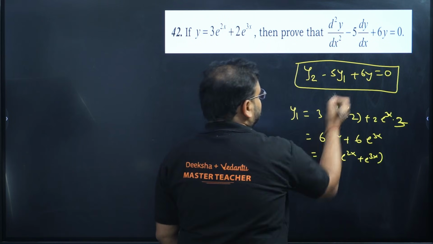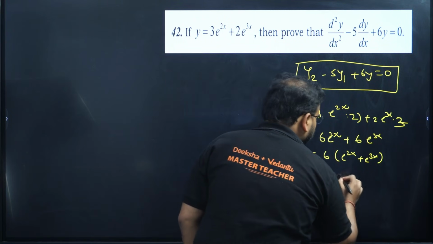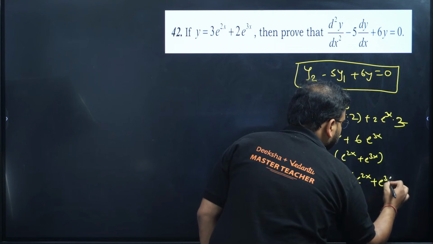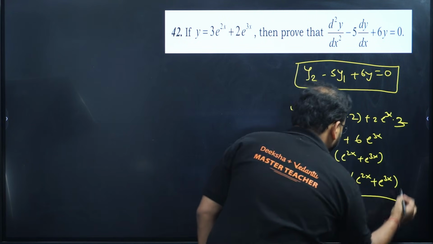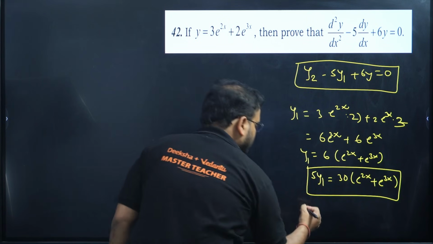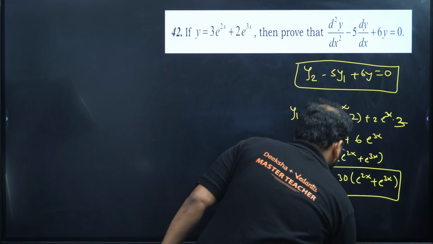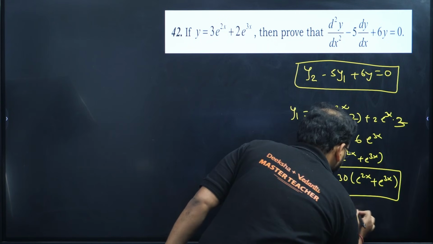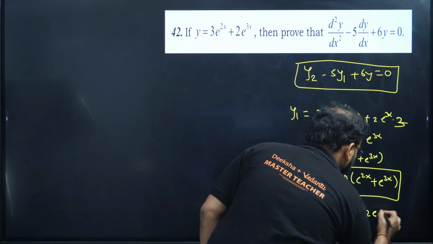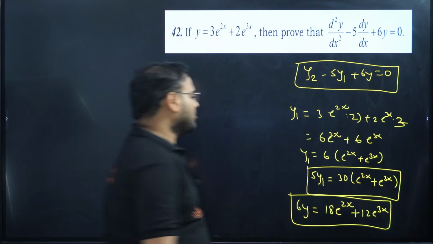Are they asking 5y1? So let's find 5y1 also. 5y1 will be 30 times e power 2x plus e power 3x. Now let's find 6y also, just for the sake of it. 6y you're going to find 18 e power 2x and 12 e power 3x. So we got 6y also.